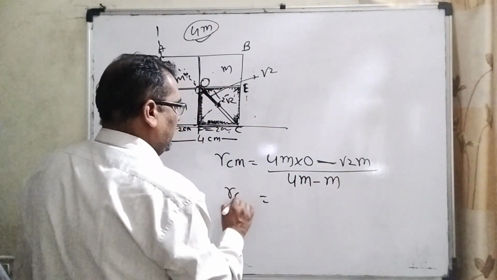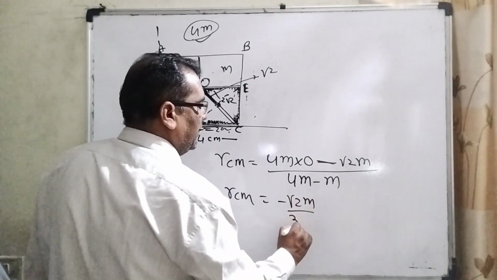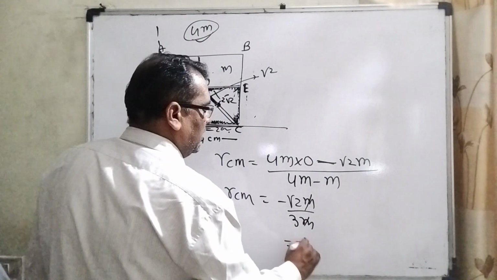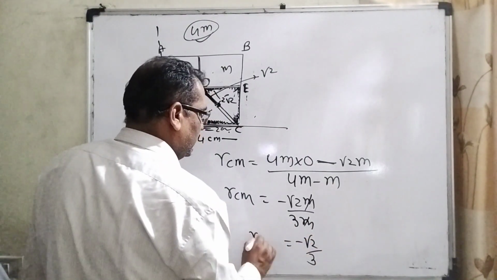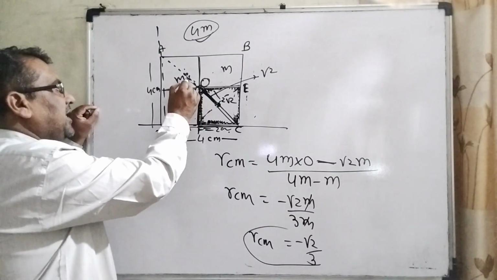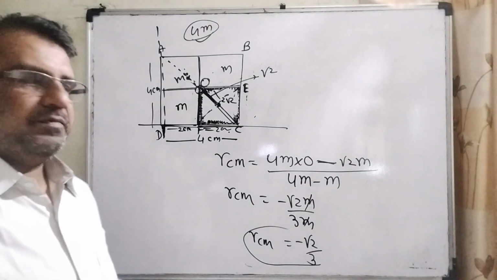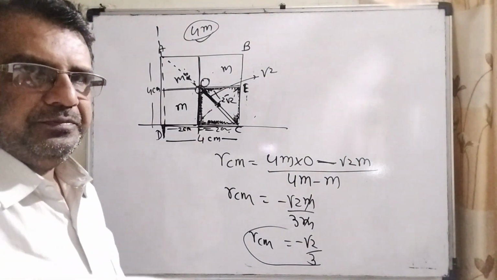Then by the formula, the center of mass is minus root 2 m upon 3m. m cancels, so minus root 2 by 3 is the center of mass. Then the center of mass shifted to the right side, this side. So therefore, the answer for the center of mass is minus root 2 by 3.